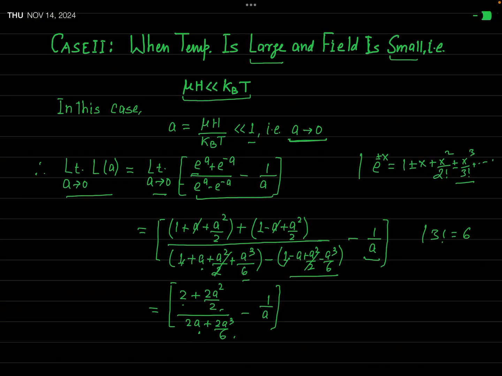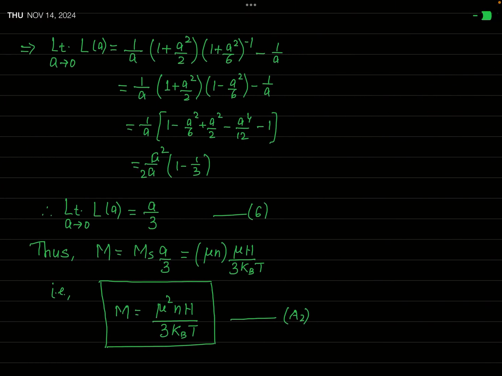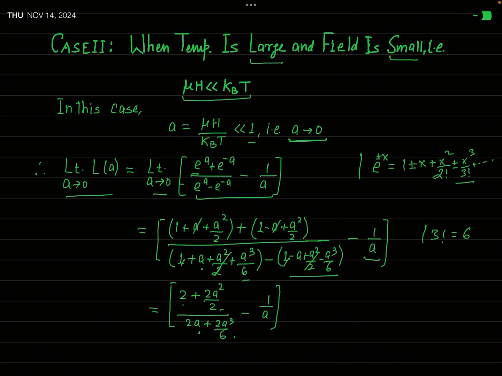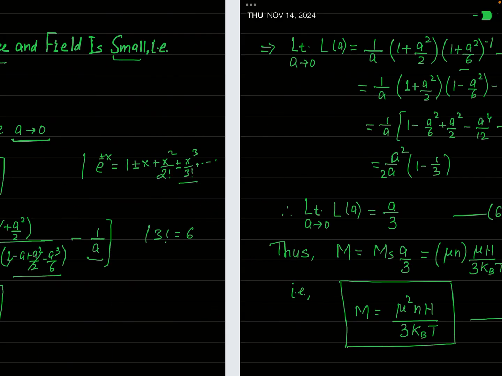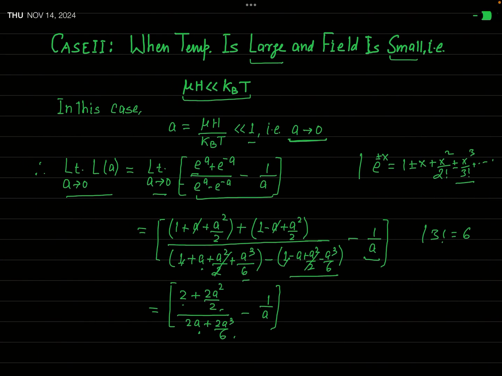Now we will simplify this RHS to some extent, and after that we will substitute the limit. You can see here this expression can be written like this. This is 1 over A times 1 plus A square by 2, times 1 plus A square by 6 whole to the power minus 1.